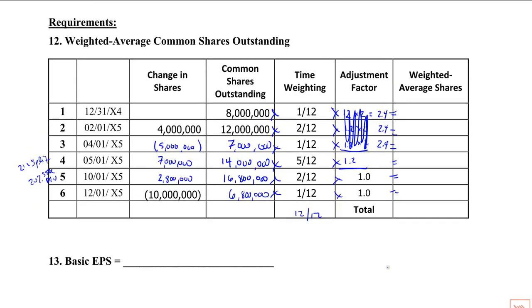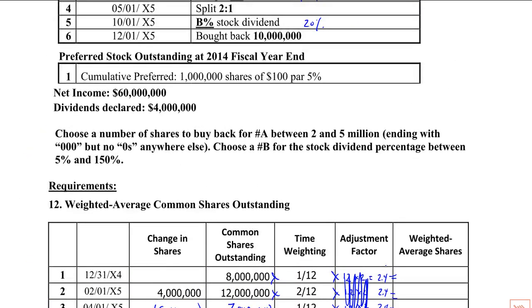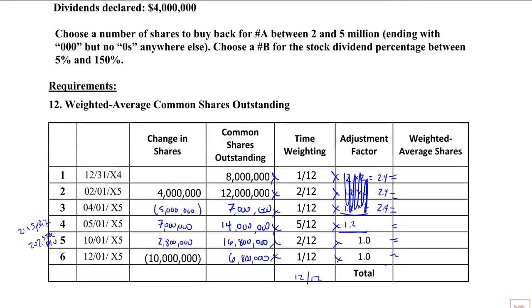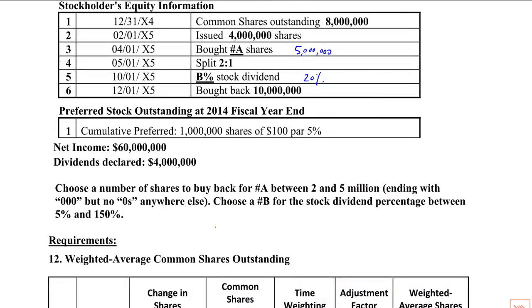All right, now I'm not going to do all the multiplication because this is kind of boring enough. Let's put up some other information here. We have net income of 60 million. So I'm going to treat this like the numerator of this line here. 60 million over some WAB shares. And minus what? Let's see what we got here.